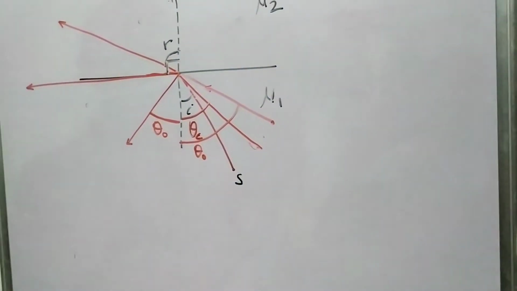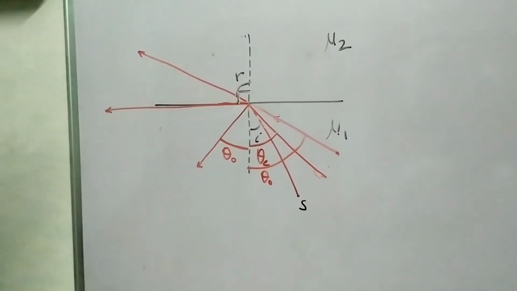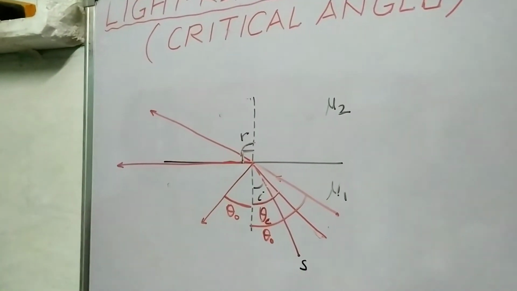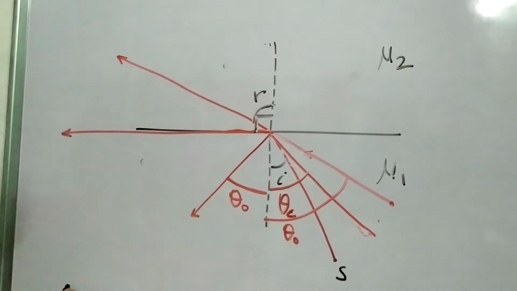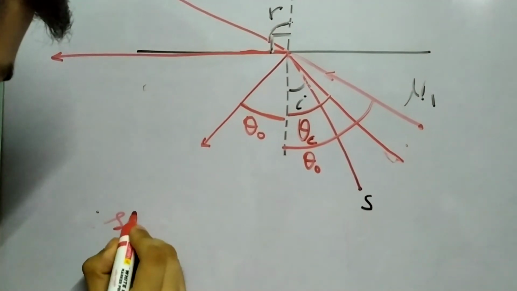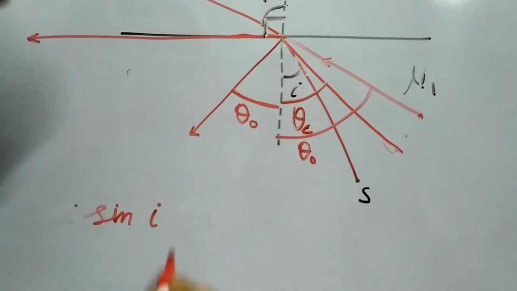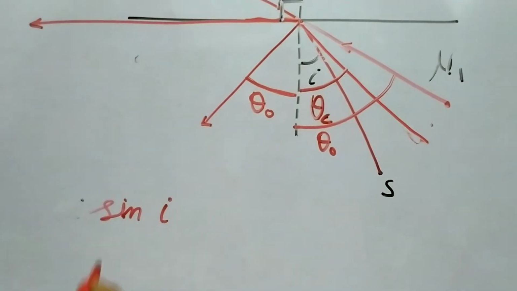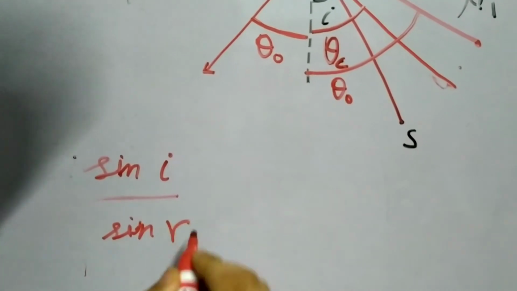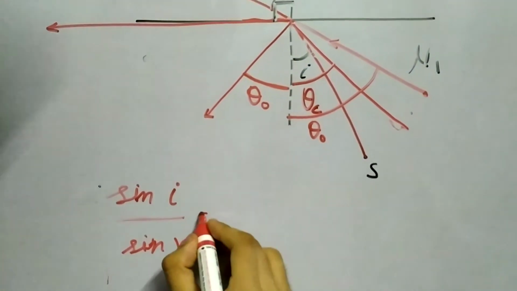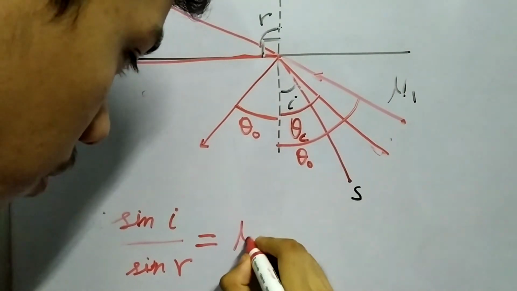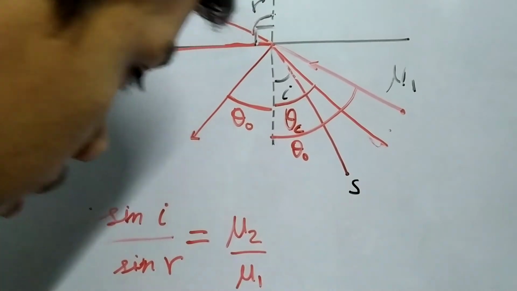Now let us find this critical angle, shall we? What does Snell's law tell us? Snell's law tells us, okay, we take sin i by sin r. Sin i, this angle, divided by sin r, will be the ratio of the second refractive index mu2 by mu1.